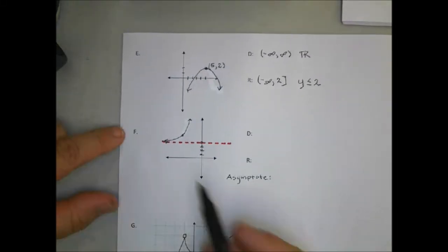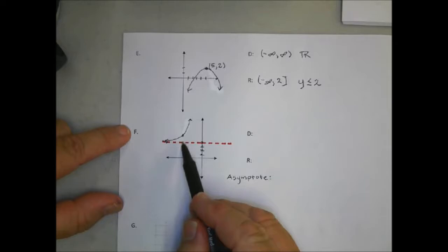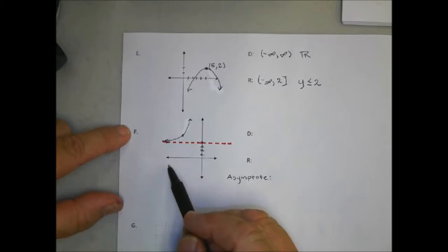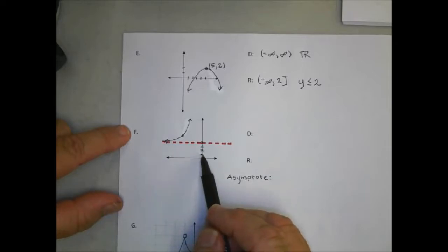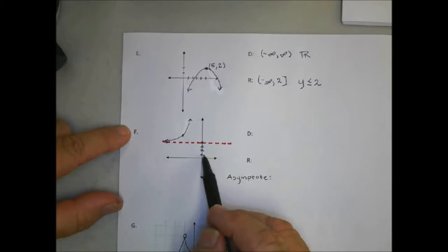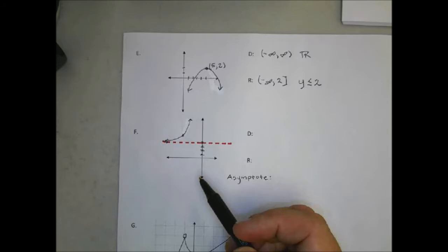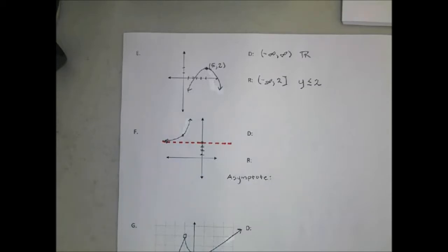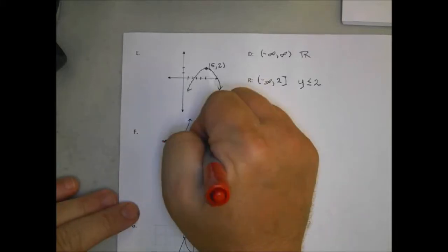Now, the next one I gave you was an exponential growth graph. But if you look, the asymptote isn't the x-axis anymore. It's at y equals 1, 2, 3, 4. So y equals 4 is the asymptote.